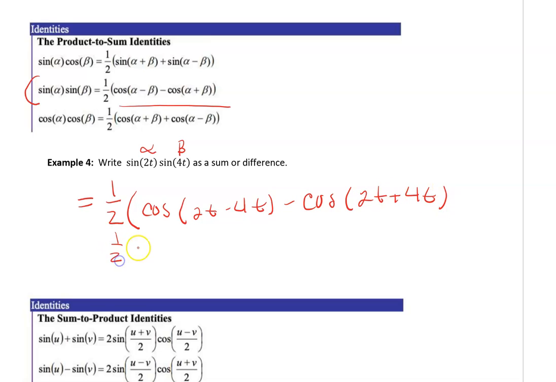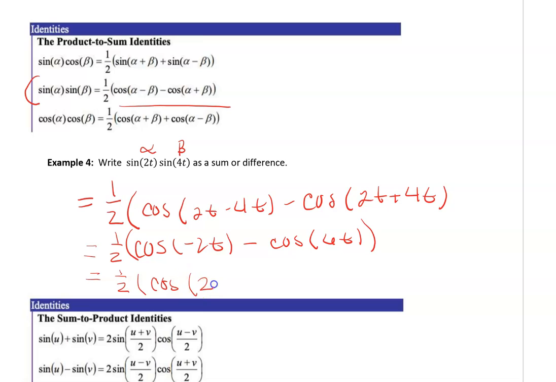That gives you 1/2 of cosine of negative 2t minus cosine of 6t. And because I, from that previous problem, know that cosine of a negative is equal to the positive, I could just say that's cosine of 2t minus cosine of 6t. And I have written this as a sum or difference. I'm not solving, don't overwork it.